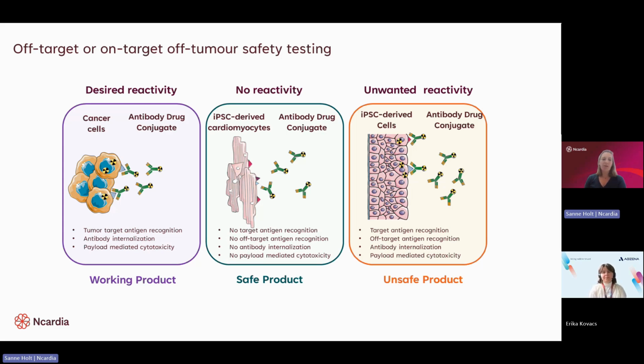Ideally, we then see that there's no reactivity whatsoever against healthy tissues. Unfortunately, that's not always the case. We know that ADCs or drugs in general have liabilities beyond what we mean them to target. Then you get to the final picture, where you have your unwanted reactivity. So we try and mimic that response and see if we can predict any clinical liabilities for unwanted reactions.